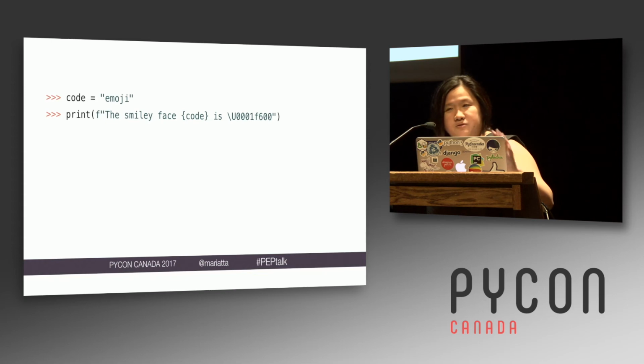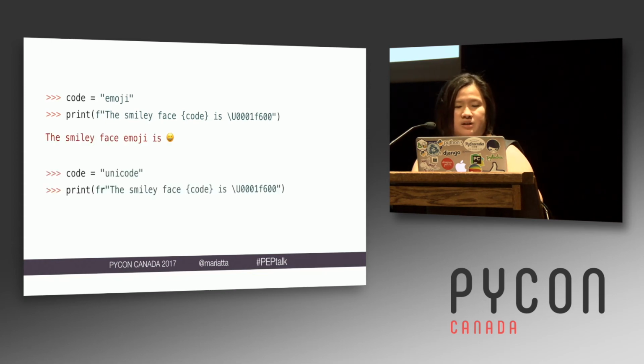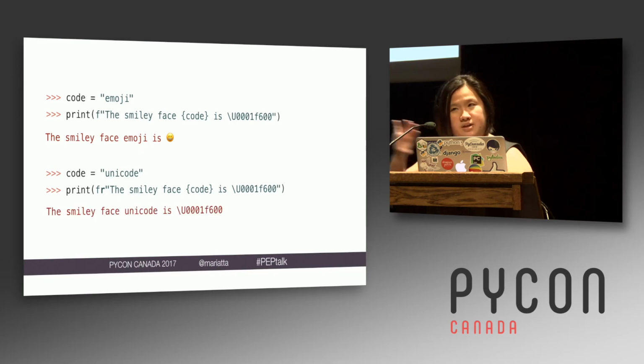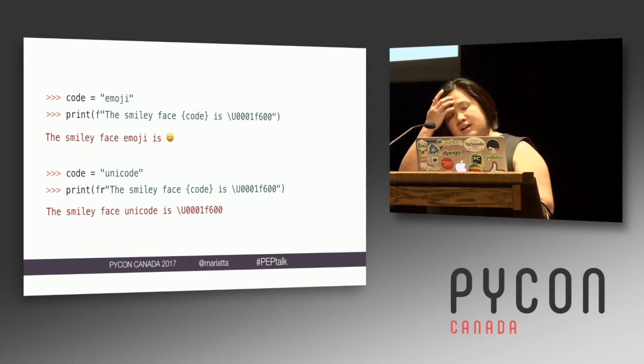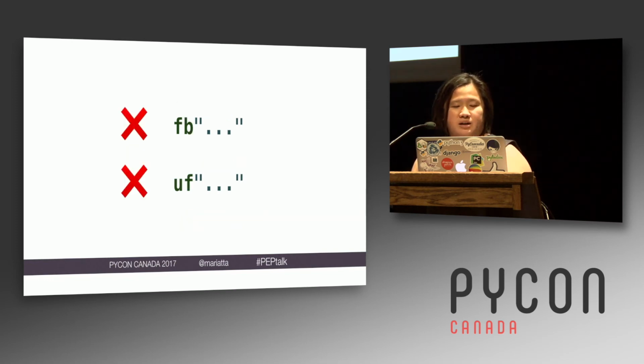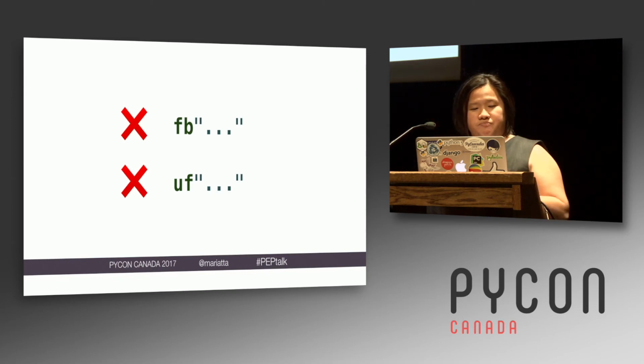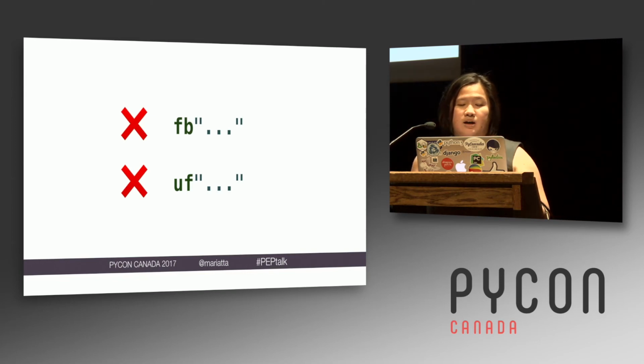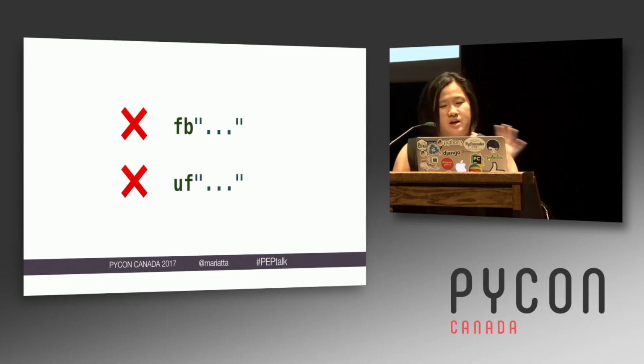You have an f-string, that's the result. Now if you don't want escape processing there, just use f and r, and the f-string works as usual, that's the result. You can use any permutation of f and r, uppercase, lowercase, single quote, triple quotes, it's fine. But you cannot combine f-strings with byte literal strings, so no combination of f and b. You cannot combine Unicode strings with f-strings, so no combination of f and u together.